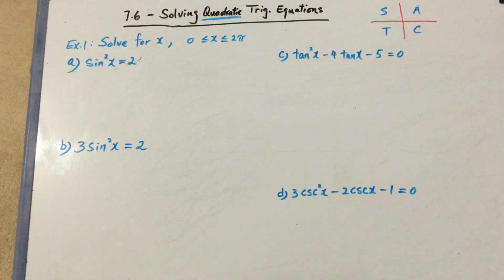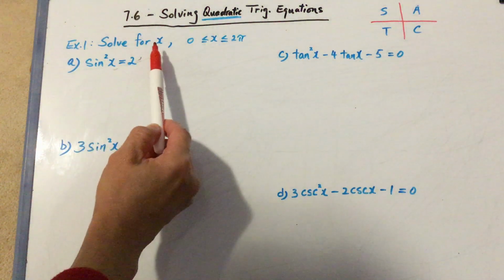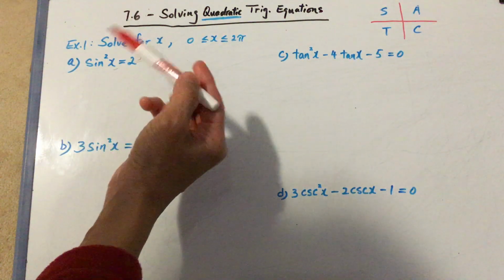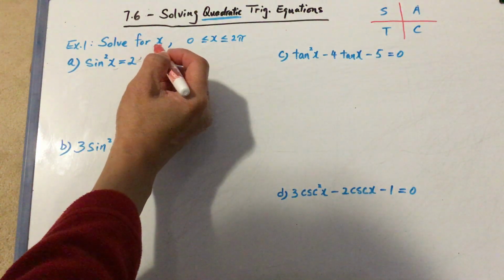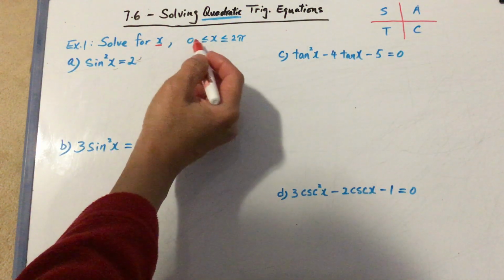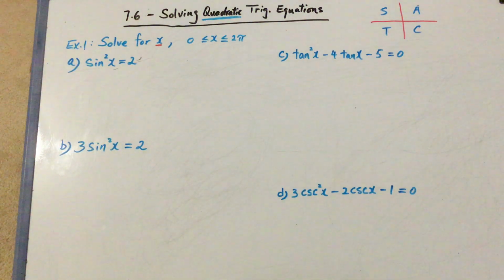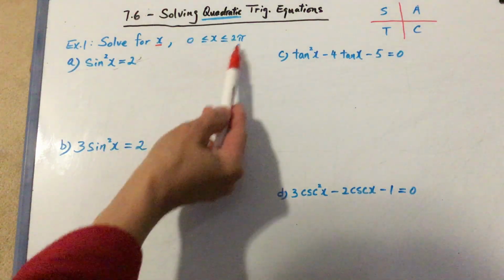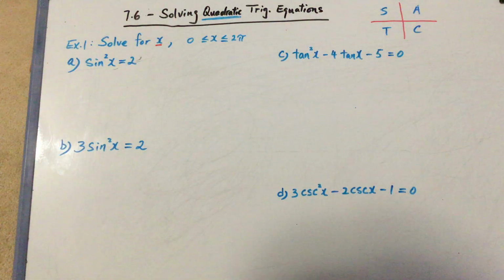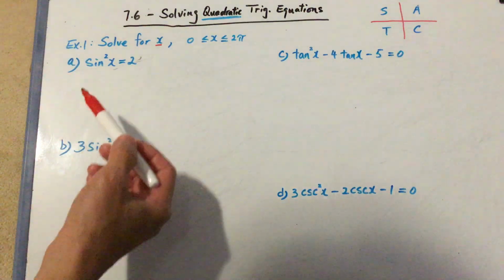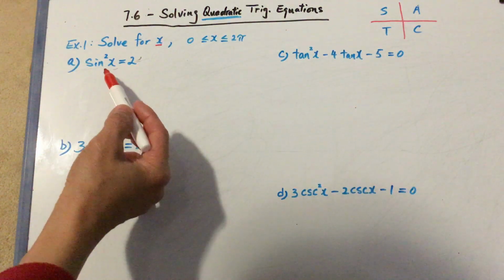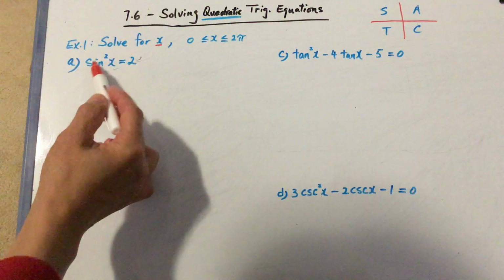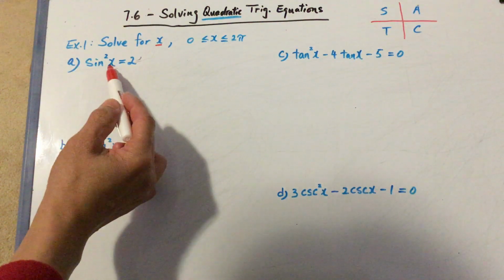So solving again for x or for theta, for any kind of angle, when the angle is between 0 and 360, you have to make sure that the angle you're solving for satisfies the given domain. All right. So again, just like solving the linear, we have to isolate the variable terms by itself.